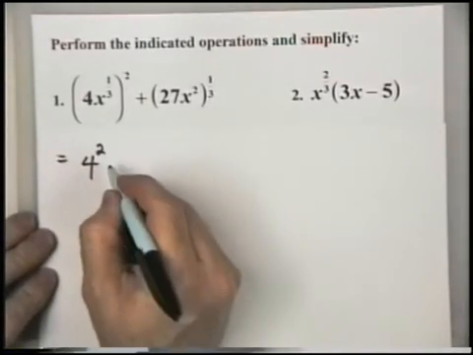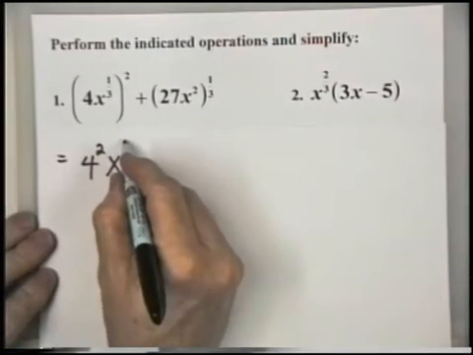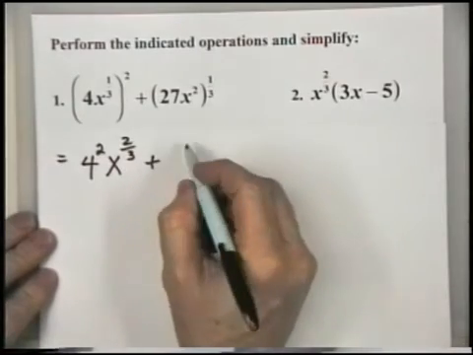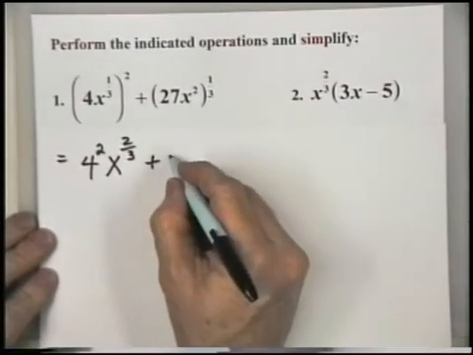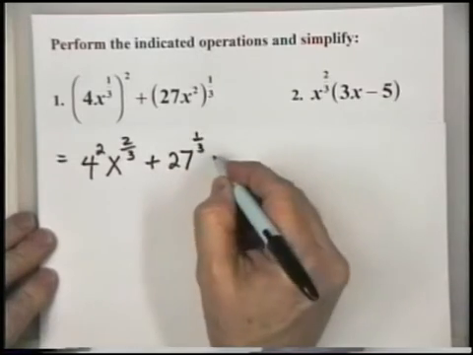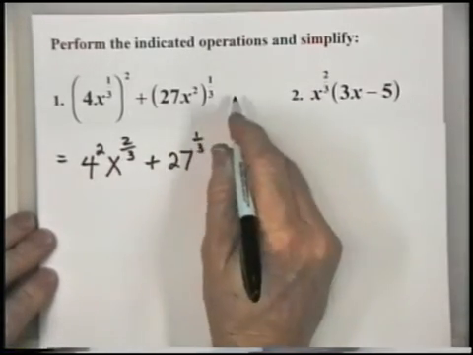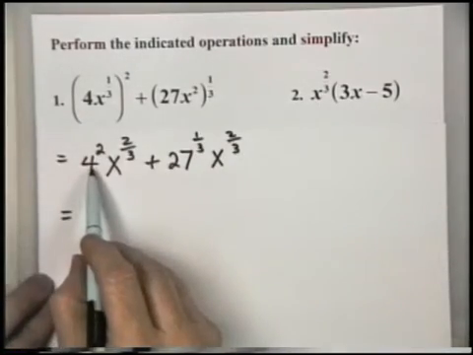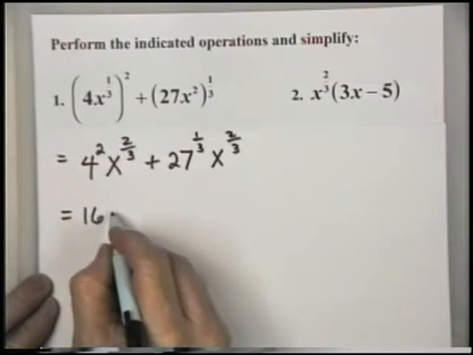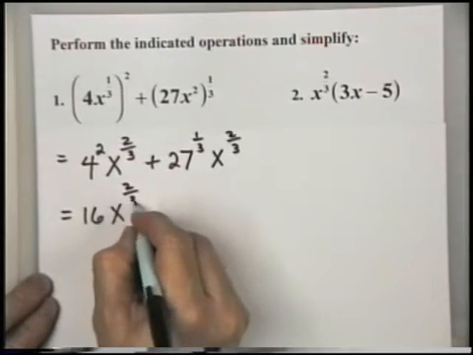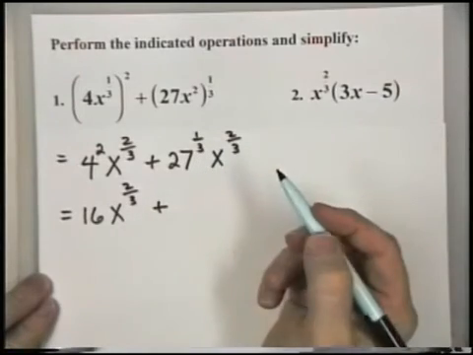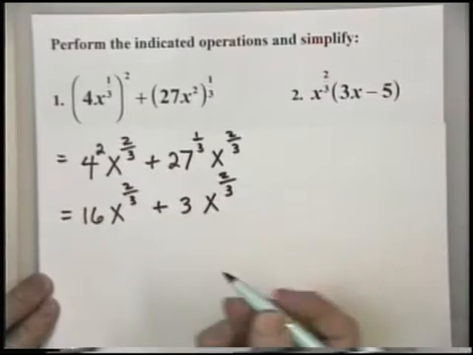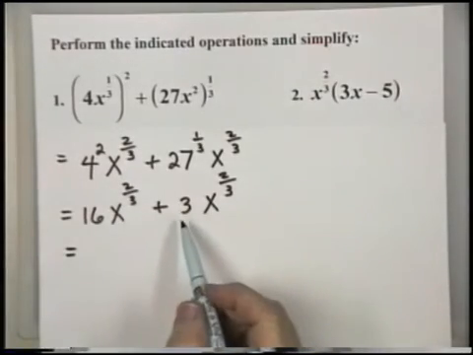So first thing I could do is use the fact that it's a square of a product, so that'd be 4 squared x to the 1/3 times 2, the 2/3 power, plus another power of a product, 27 to the 1/3 x again to the 2 times 1/3 gives me 2/3. 4 squared, yes, is 16x to the 2/3 plus 27 to the 1/3, it's 3x to the 2/3.